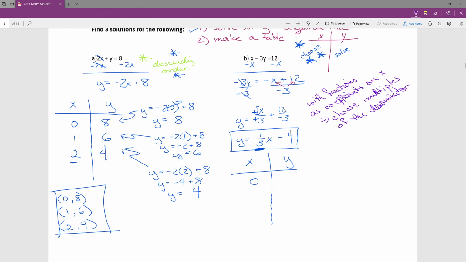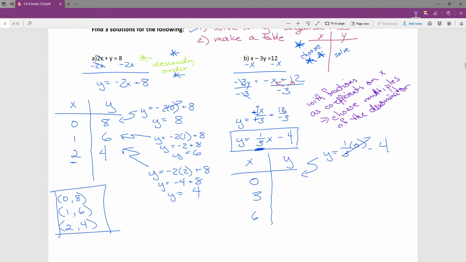So what I'm going to do is choose a 3 and choose a 6. Those are multiples of my denominator. So let's see how this works. What we're going to do is sub in the value of x that I've chosen and evaluate this for y.